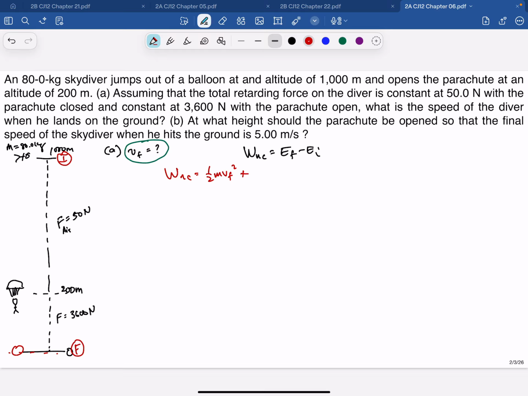And is there any potential energy? No. Why not? There's no height. There's no height at the ground, right? We put zero at the ground. They're at the ground. And so my mgh final, this whole term, is zero. You can either write mgh final and then cross it out, or you can write potential energy and cross it out. Sometimes if you just write plus zero, it's not enough for future you to realize what you did.